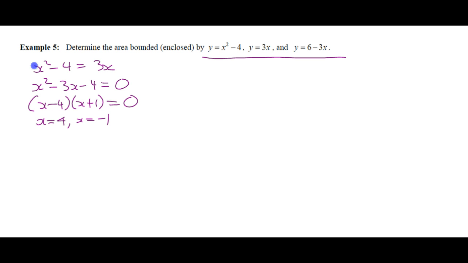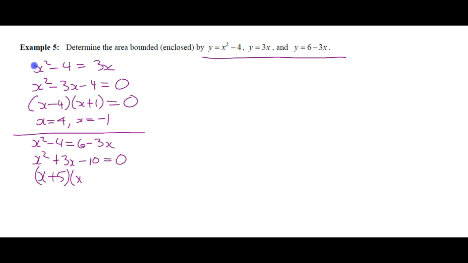Okay. Now pretend we haven't seen anything yet, and let's do x squared minus 4 is equal to 6 minus 3x. So this will be x squared plus 3x minus 10. So that's x plus 5, x minus 2.